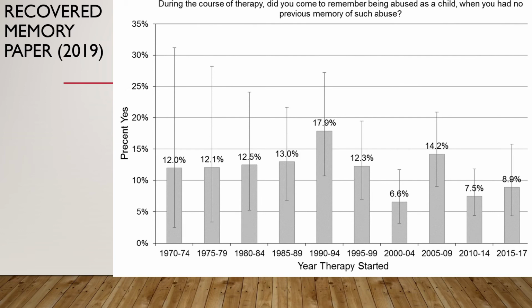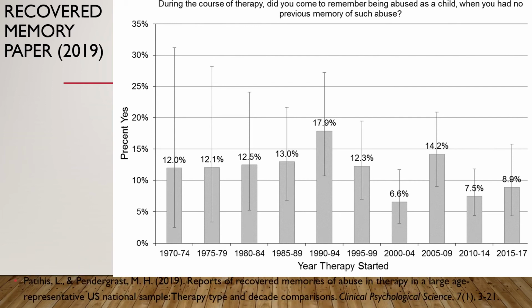So we asked a large sample of the public, during the course of therapy, did you come to remember being abused as a child when you had no previous memory of such abuse? We deliberately left out the terminology repressed memories and instead replaced it with something like a definition of repressed memories.